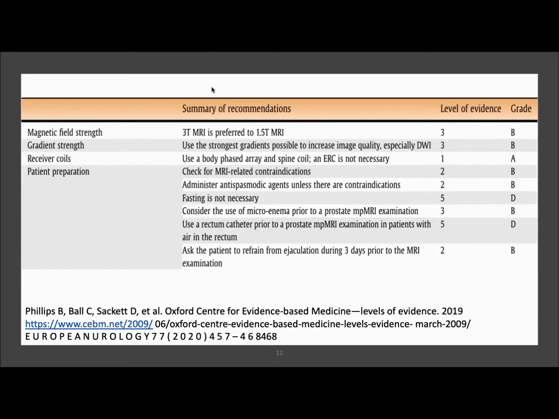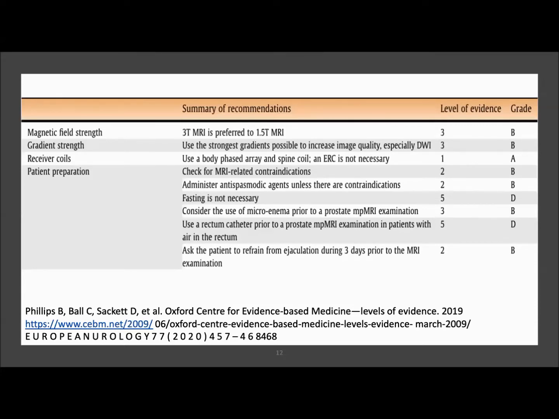As far as patient preparation is concerned, there should not be any MRI related contraindications, which may include any metallic implants, foreign bodies, any unconditional pacemakers, poor renal function, or even severe claustrophobia.